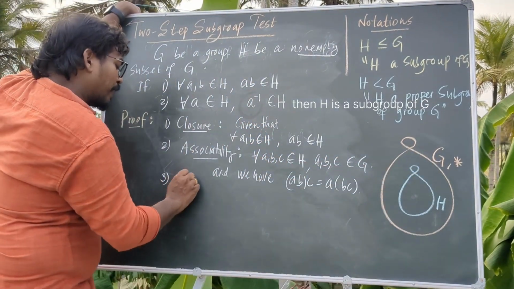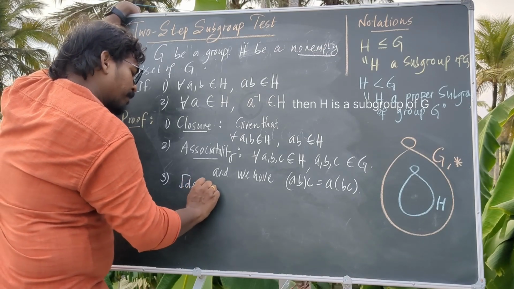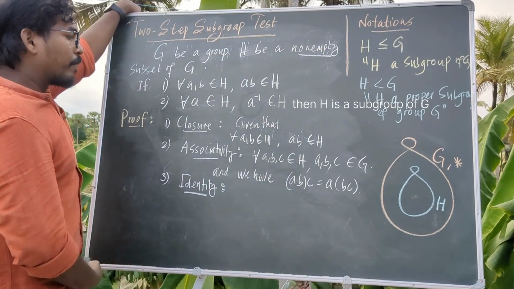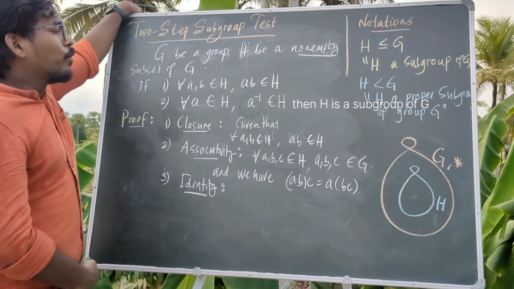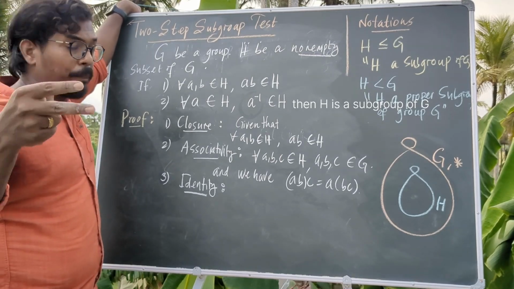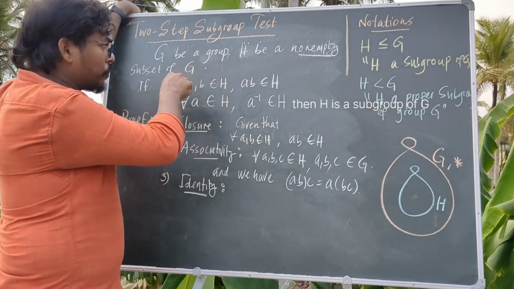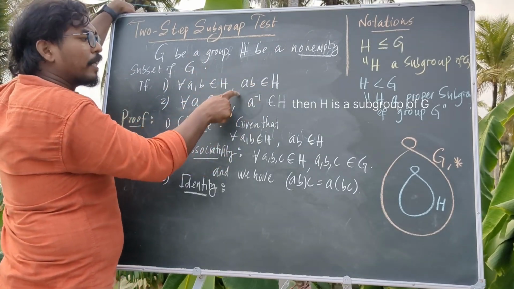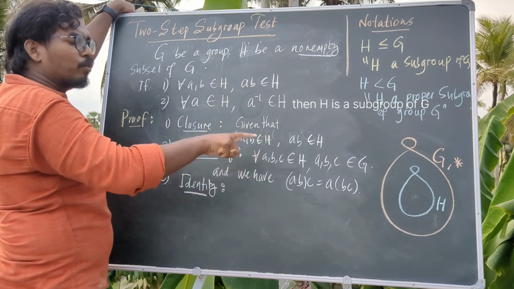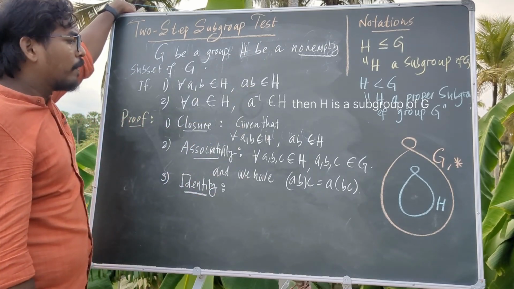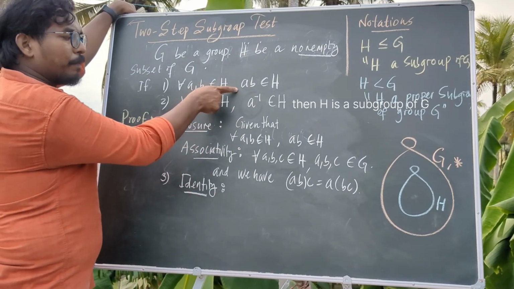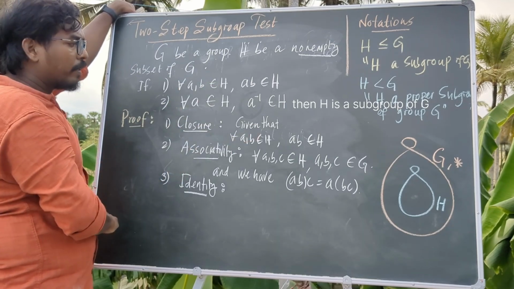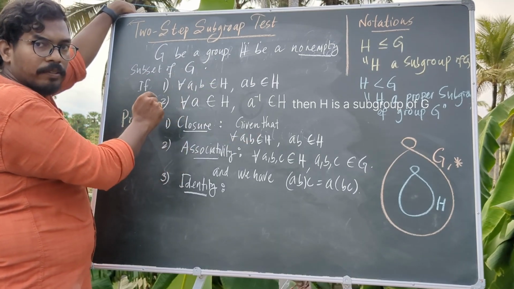Now we have identity. See, we have only two properties of H. The statement is saying H has these two properties. If these two properties are enough for H to have all group axioms, closure is by the property of H, associativity is inherited, identity is not mentioned here.